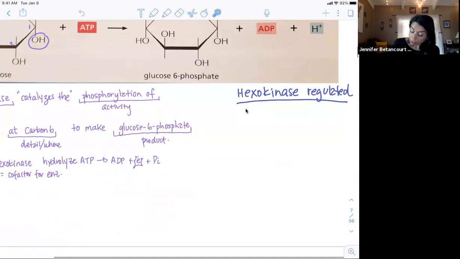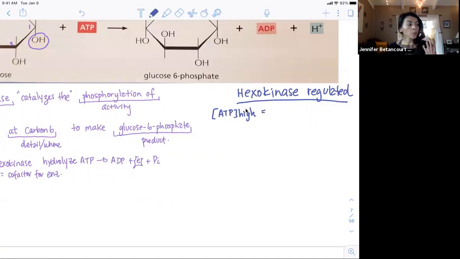So when ATP concentrations are high, you could predict that in the cell, ADP and AMP concentrations are low, and vice versa. When ATP concentrations are low, that is because you have hydrolyzed all the ATPs into either ADPs, as seen right here, or AMPs.